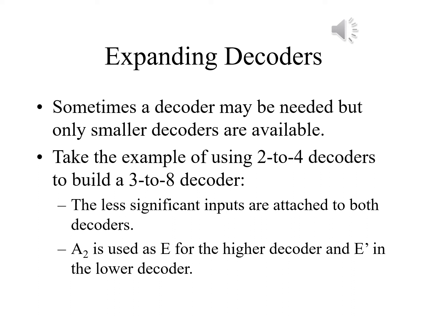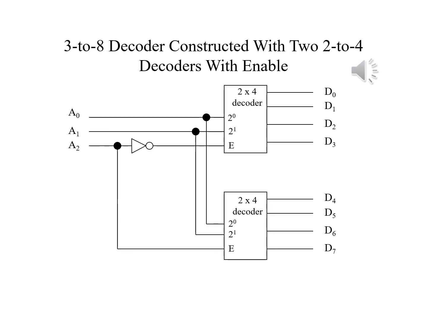The less significant inputs are attached to both decoders. A2, on the other hand, will serve as E, the enable for the higher decoder, and E prime for the lower decoder. Here you see the diagram. In both cases, A1 and A0 go to both decoders.